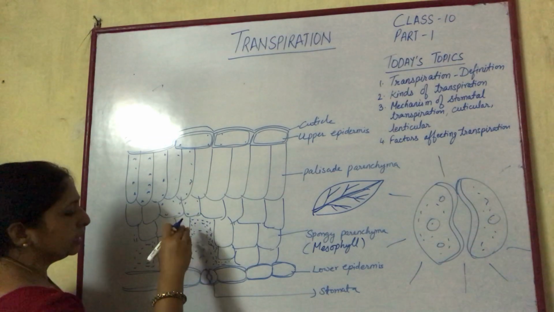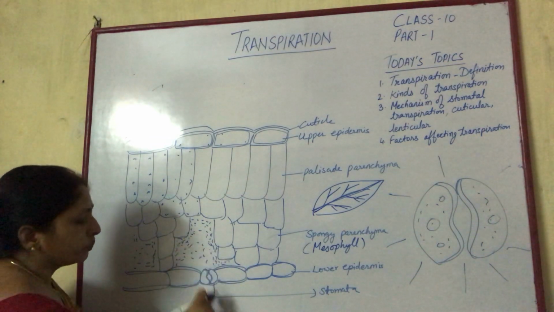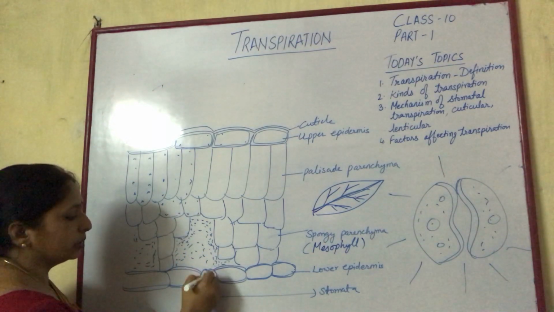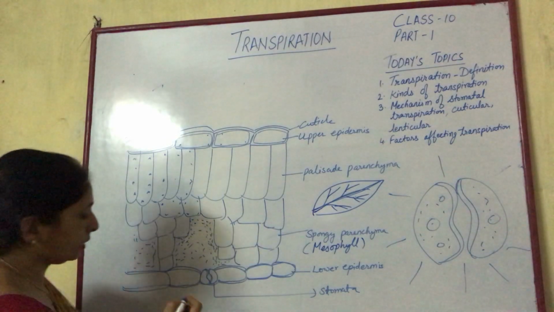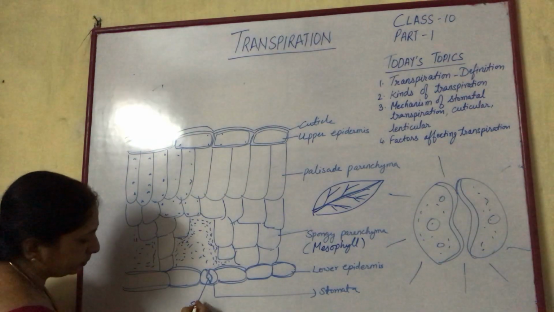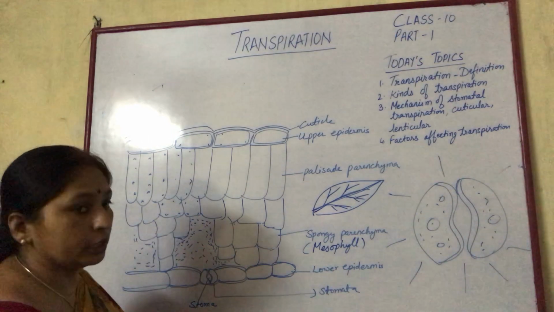So since it is more in concentration as compared to outside, it leads to release of these water vapors through the stomatal opening, which is termed as stoma. This opening is the stoma. The water vapors diffuse out through the stoma.